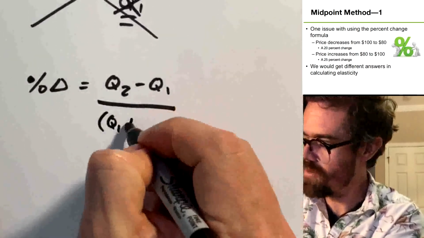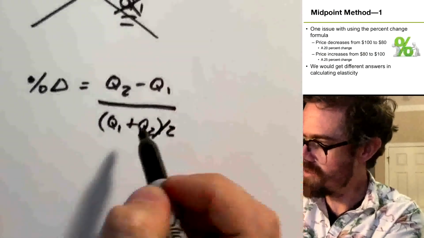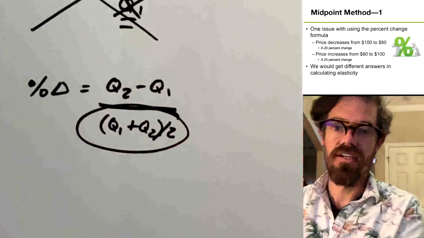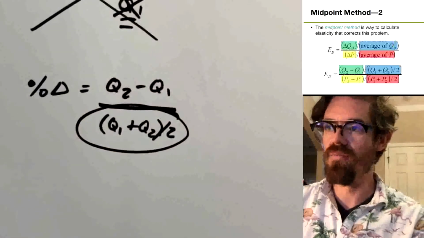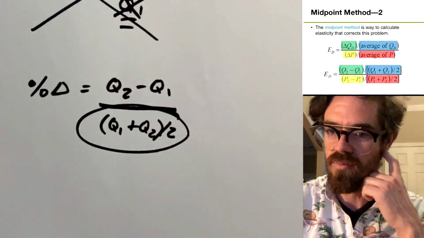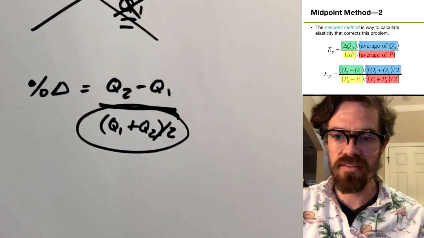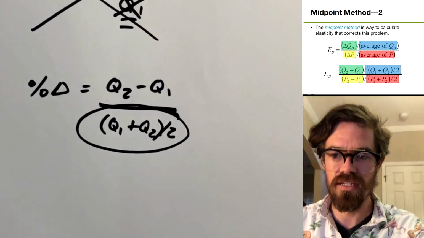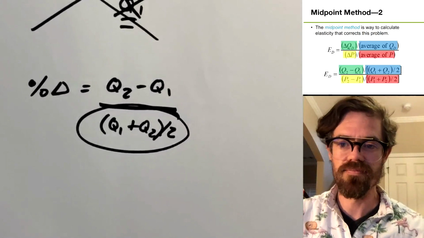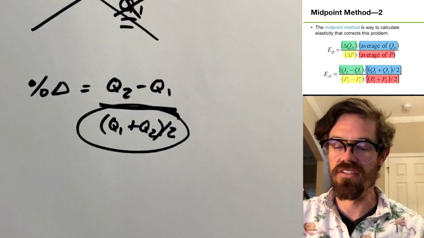So Q1 plus Q2 divided by 2. Okay, so there's our point of reference. There is the average. And we're going to use that for both the top and the bottom. So again, this is where our midpoint method formula is coming from. Okay. So if you're confused about that, feel free to shoot me an email, and I'll try to explain it a little further so that you fully understand that. But this is the method that we're going to use, and this is the method you need to know.